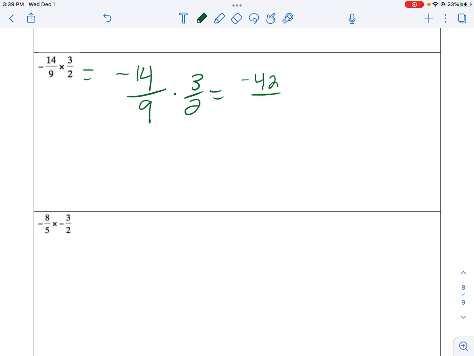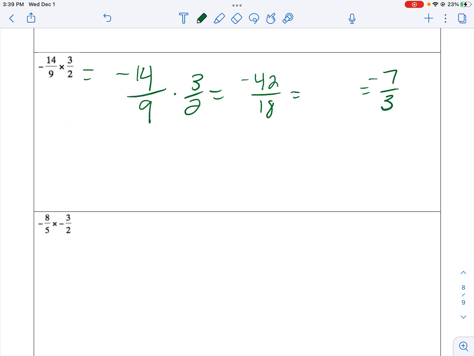And then 9 times 2 gives me 18. Now we can reduce this fraction. So this fraction will reduce to negative 7 over 3.